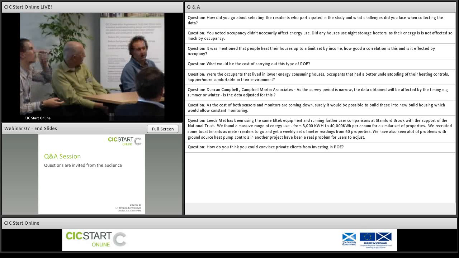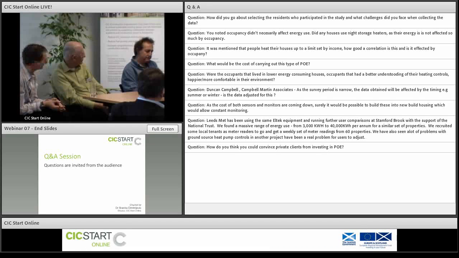That might be just a lever for them in that sense. Because in theory, with any housing development, anybody could set up a study to do POE and look at its performance, and there will be very similar issues. I mean, the house design is not so significantly different now between social and private housing. So that might be a lever for them to do it.